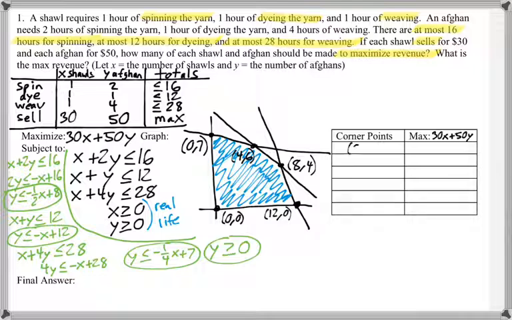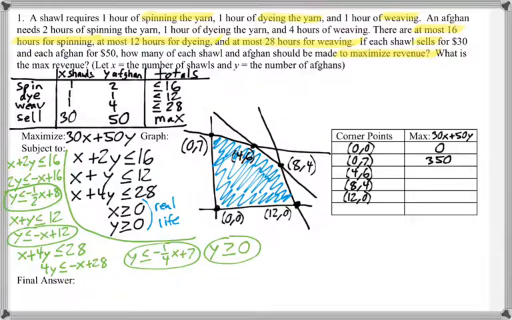So these are the points that I want to plug into the objective function. And I'm trying to find the maximum value. So if you plug in (0, 0), you get 0. If you plug in (0, 7), you get 350.